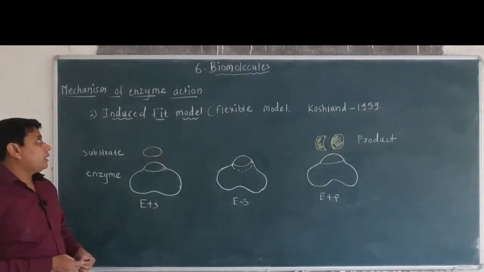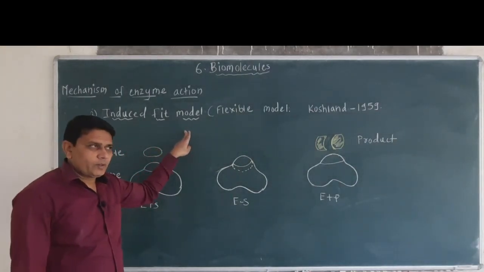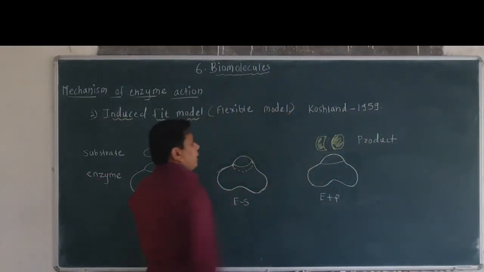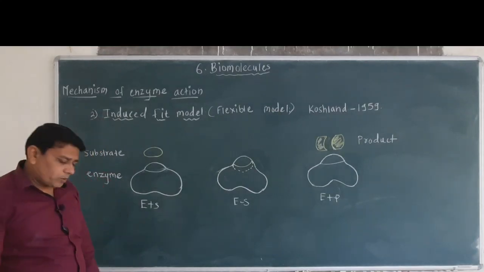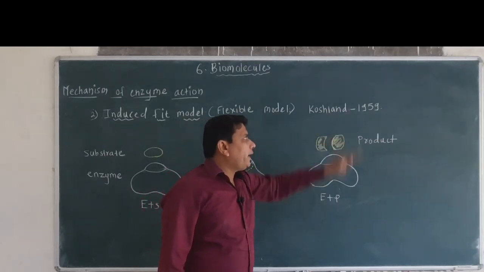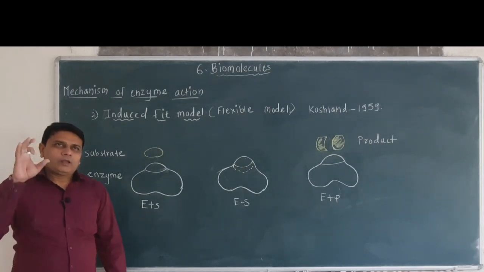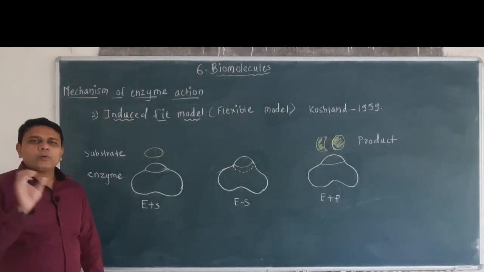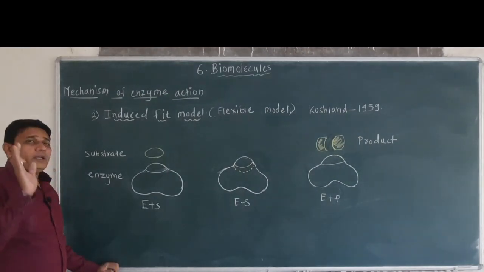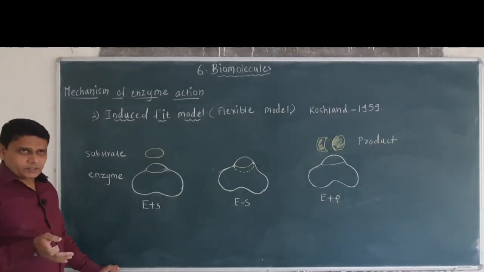Then the second model is induced fit model, or it is also called as flexible model, and this model was proposed by the scientist called as Coastland in the year 1959. So Coastland, while working and studying on the mode of enzyme action, he proposed that the enzyme active site is flexible in nature.